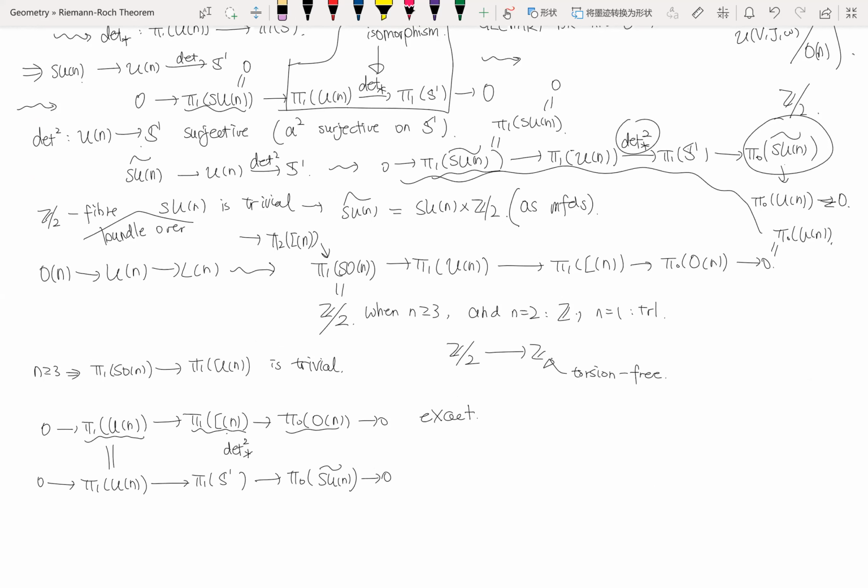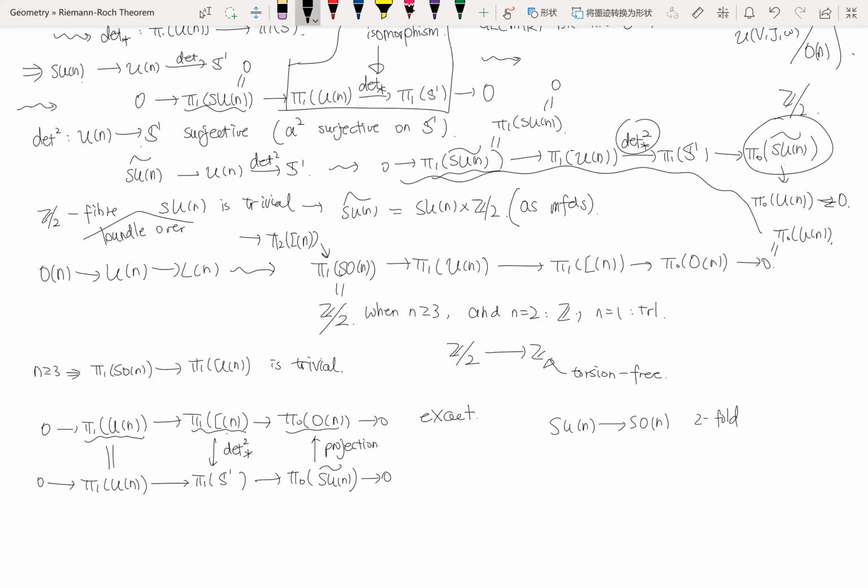This is the identity. No, I think it is the inverse map induced by projection. Yes, inverse map defined by projection. That is because we know that SUN to SON is a twofold covering.